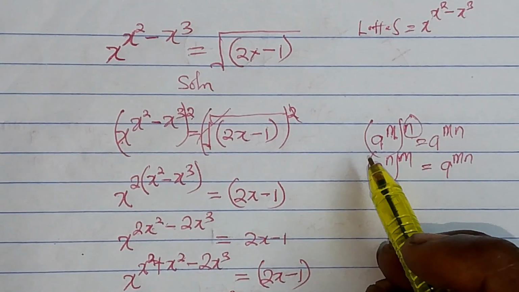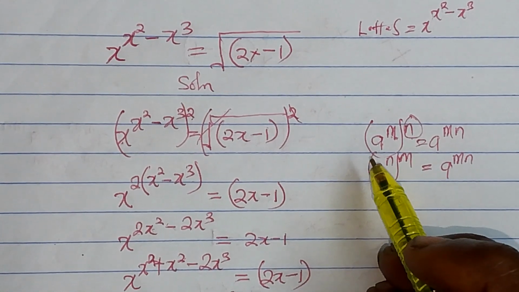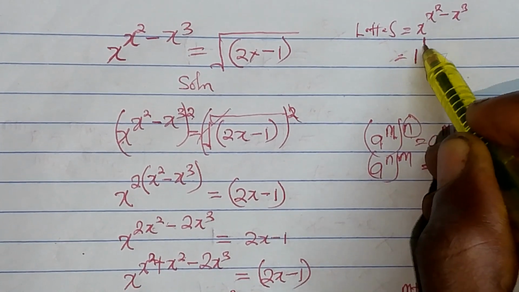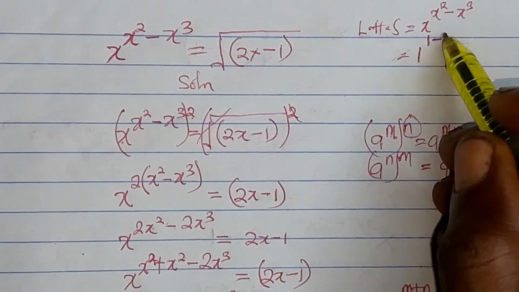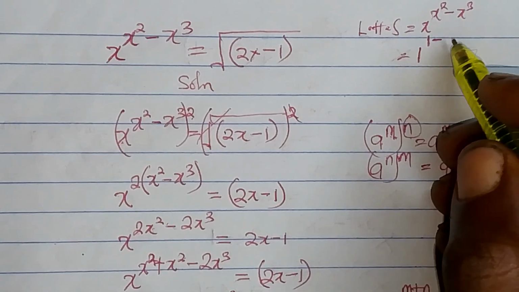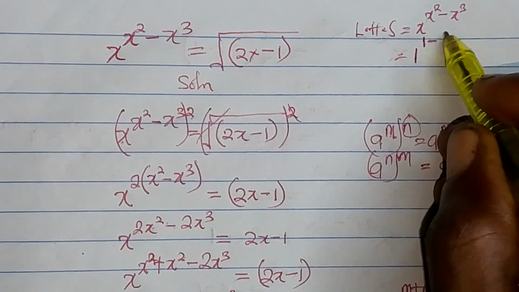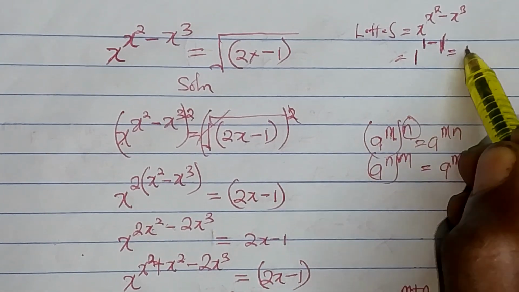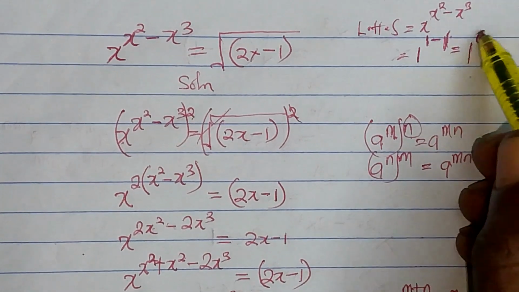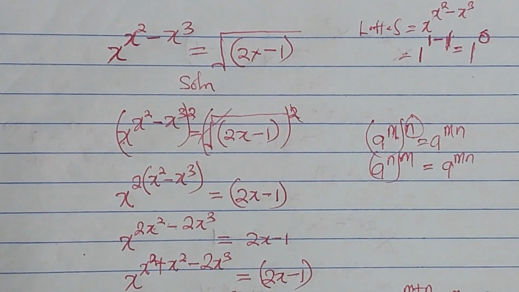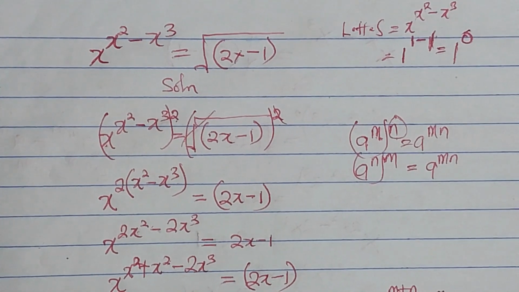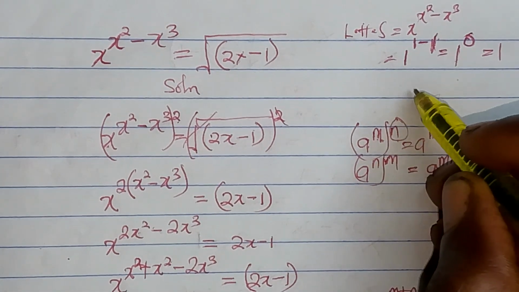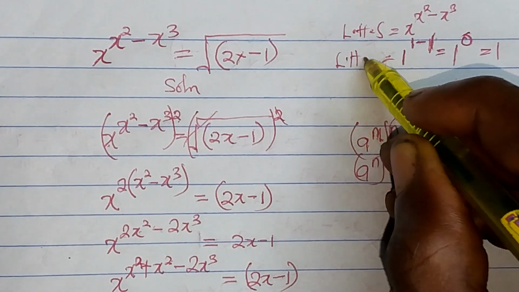Substituting the value of x, which is 1, we have 1 to the power of 1 squared, which is 1, minus 1 cubed, which is 1 times 1 times 1, which is 1. So we have 1 to the power of 1 minus 1, and 1 minus 1 is 0. So 1 to the power of 0, recalling the law of zero index, which says any number to the power of 0 equals 1. That is to say that the left hand side of this equation equals 1.